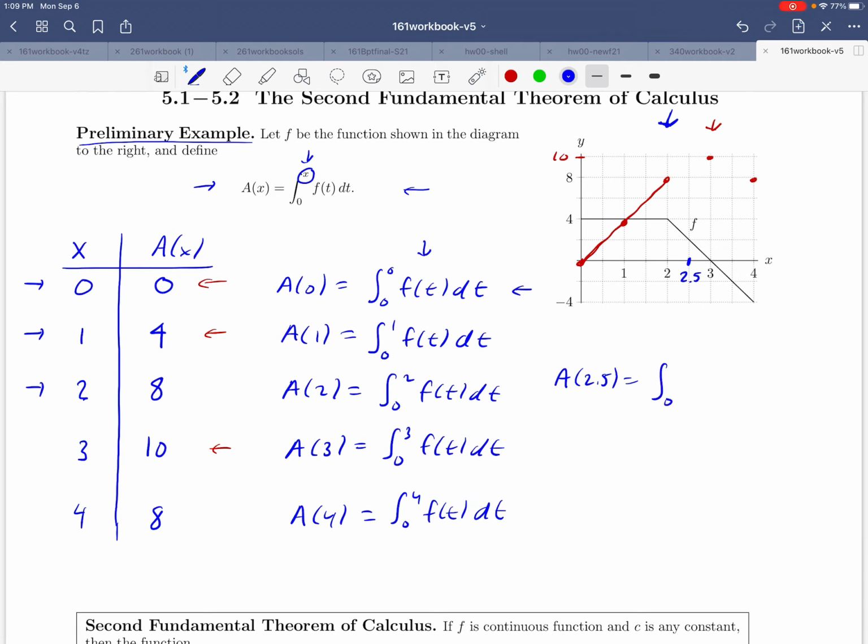Well, what we'd be calculating then is the integral from 0 to 2.5 of f of t dt. We already know what the integral from 0 to 2 is. That was those 2 rectangles together, which gave us 8. But then we're adding a little piece of area that looks like this.